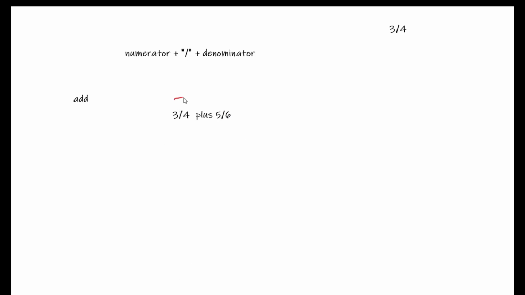So if this is one fraction, and this is your other fraction, you want to add them together. What do you do? Well, in math, you take the... 5/6. Well, I've done it the wrong way around. 3/4 plus 5/6.